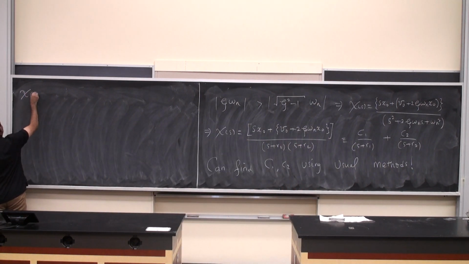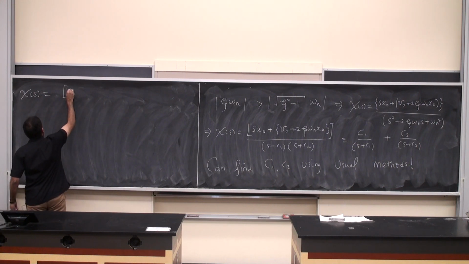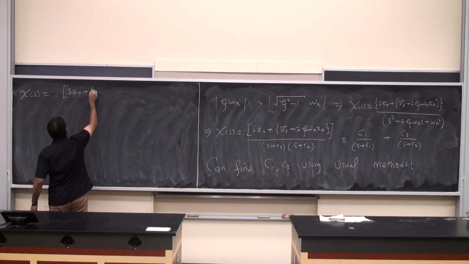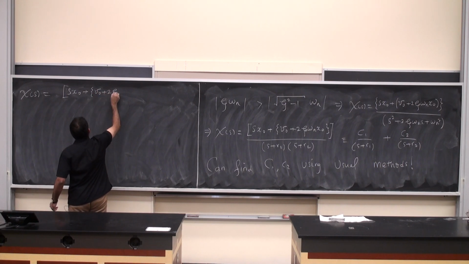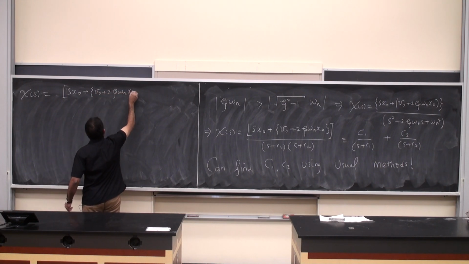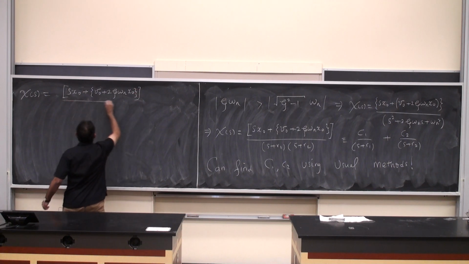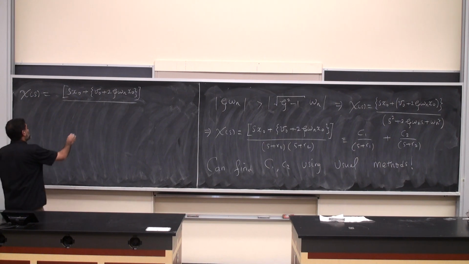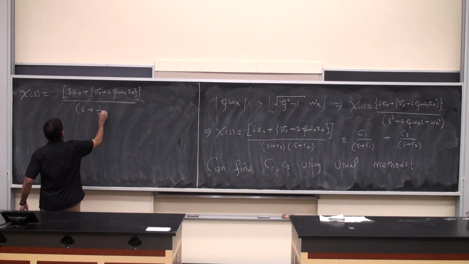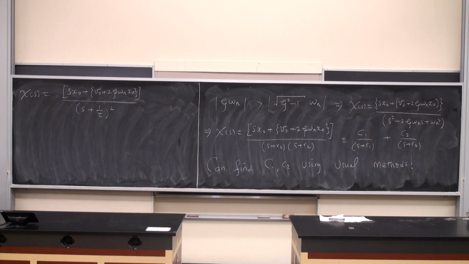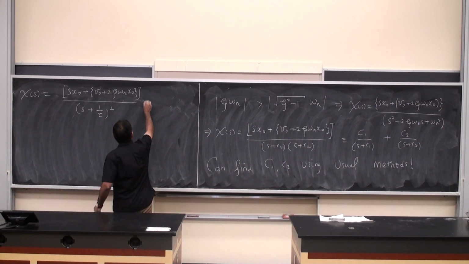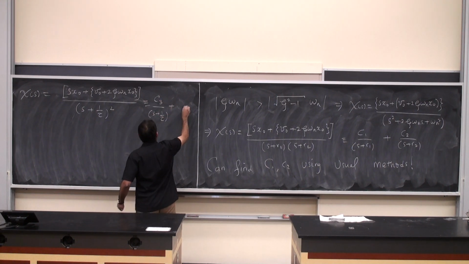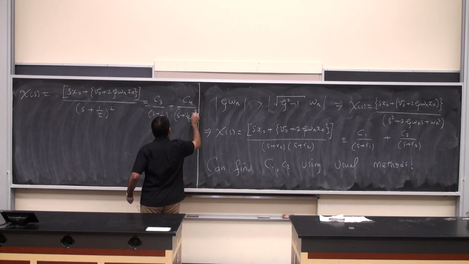So, X of s, which was (s x naught plus v naught plus 2 zeta omega n x naught), instead of s squared plus 2 zeta omega n s and so on, you just call it (s plus 1 by tau) whole squared. You have a case of real repeated roots, so we know how to do the partial fraction decomposition. This is C3 over s plus 1 by tau, plus C4 over (s plus 1 by tau) whole squared.